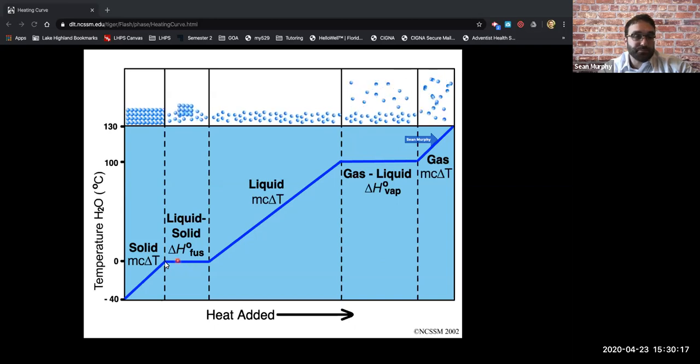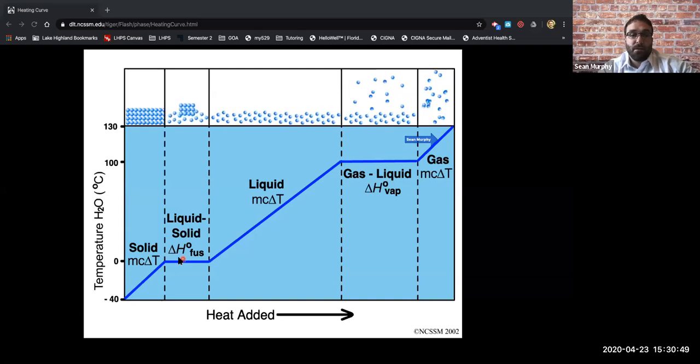On the left-hand side, we have this diagonal line. As we start creeping up here, what this diagonal line actually represents is ice, or solid water. But when we get to 0 degrees Celsius, we have a plateau effect. This plateau is called a phase change.